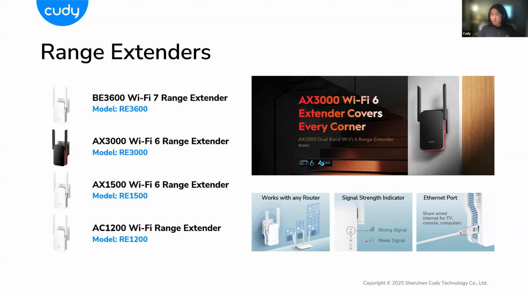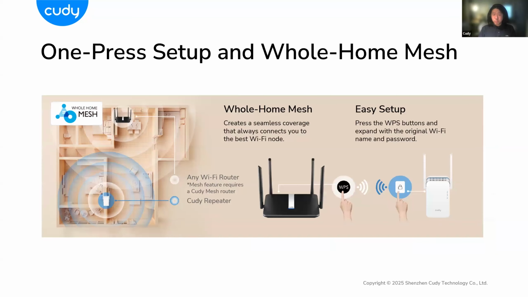And all of them provide an Ethernet port. So in addition to Wi-Fi expansion, they also allow you to pull an Ethernet cable to legacy devices, like a legacy TV that doesn't have wireless connectivity. And that's the range extenders.